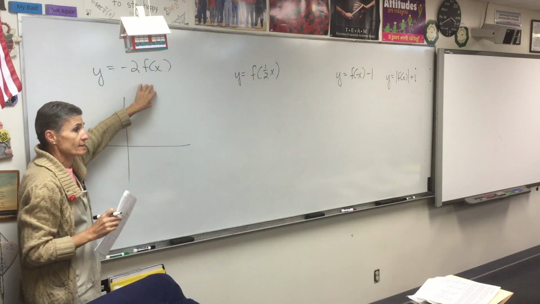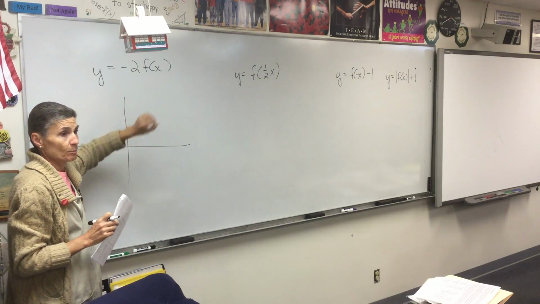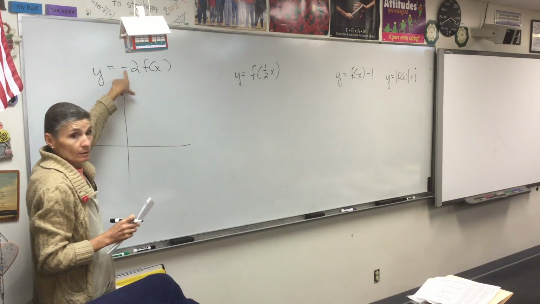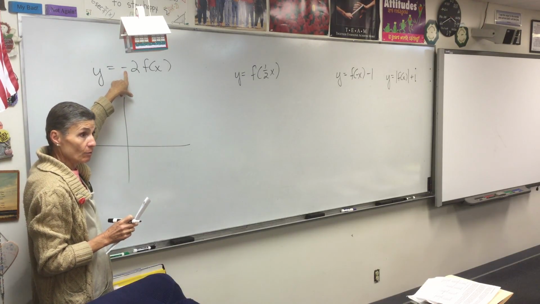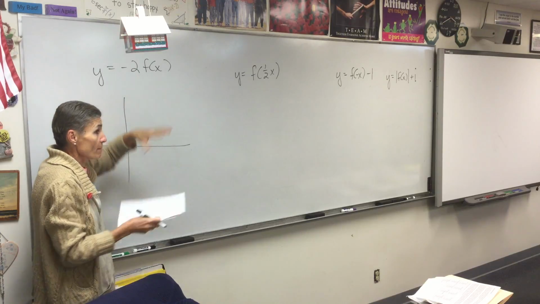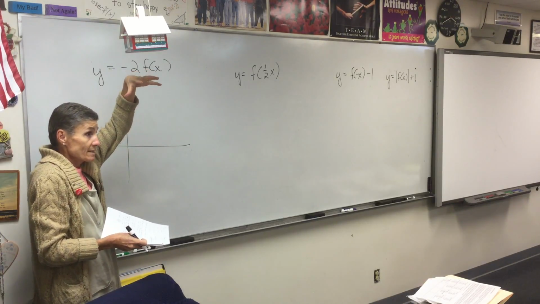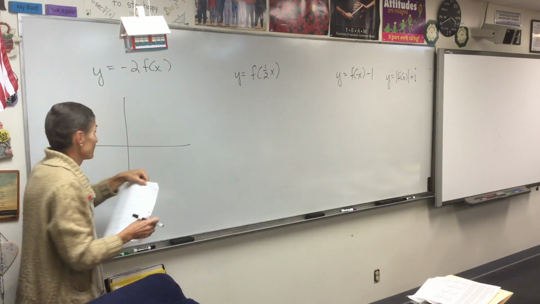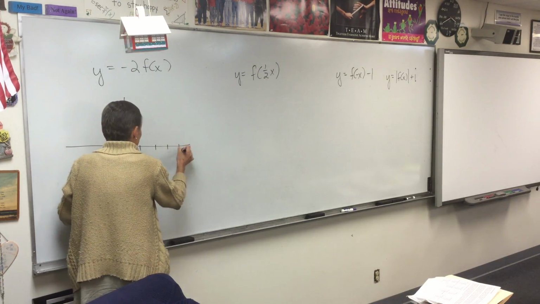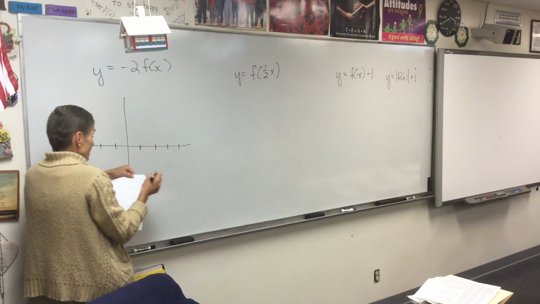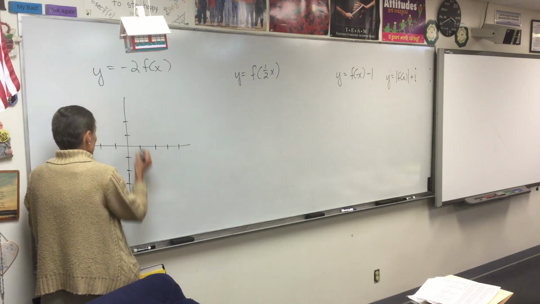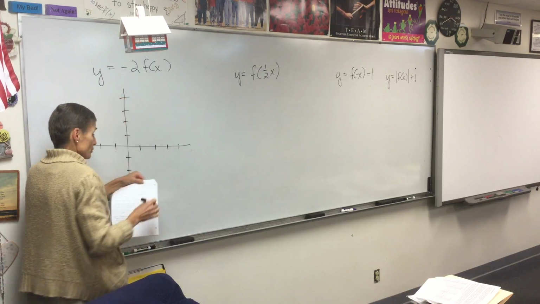What are the 2 things that are happening in this problem? What are we doing to our picture? Turning it upside down, and we are making it twice as tall. So looking at the original, see the original has that triangle that's going down, you see what I'm talking about?